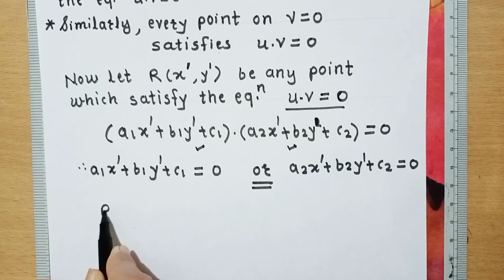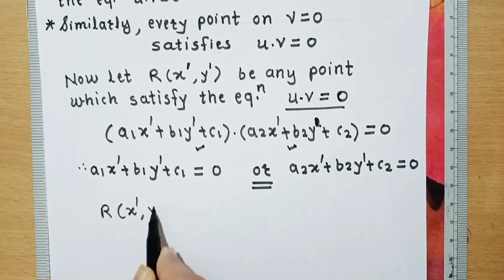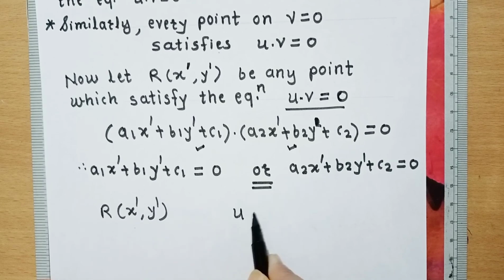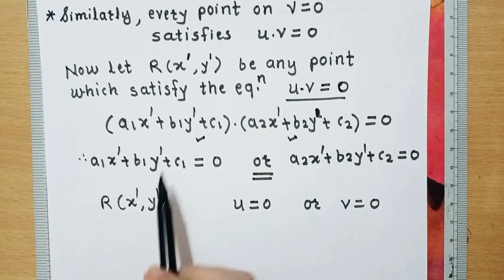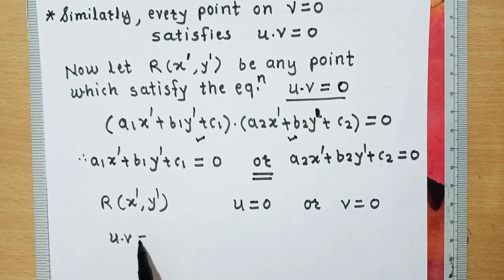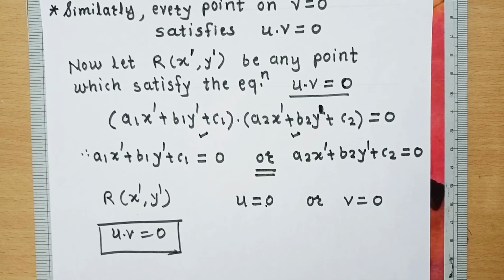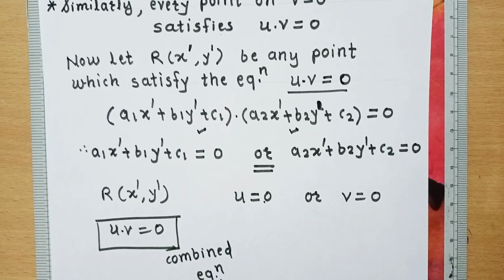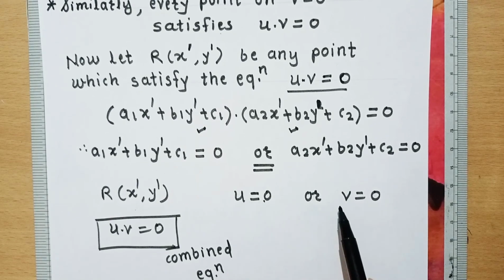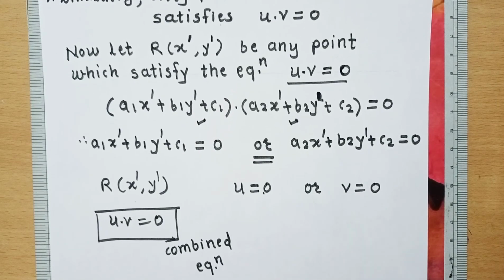Therefore, we can say that the point R(x', y') must lie either on u equal to 0 or v equal to 0. And so every point which satisfies u dot v equal to 0 must lie either on u equal to 0 or v equal to 0. Therefore u dot v equal to 0 is the combined equation of u equal to 0 and v equal to 0.